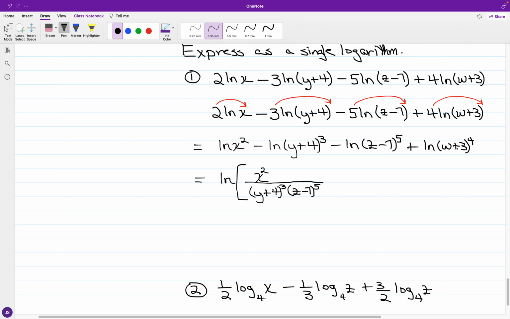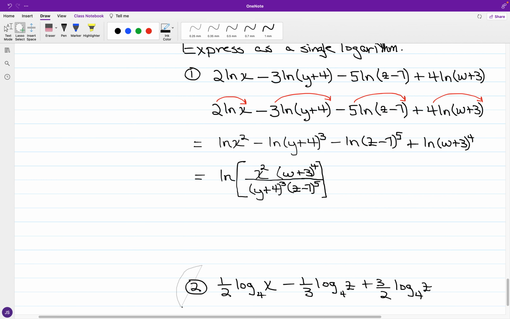The last term, which is being added, the fourth power of the quantity w plus 3, will go in the numerator. And this is what we have for the consolidated natural logarithmic term.